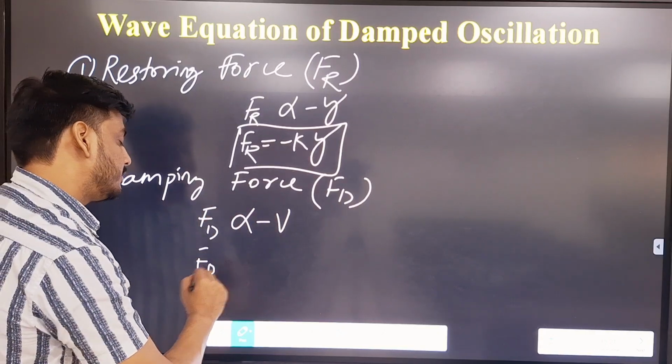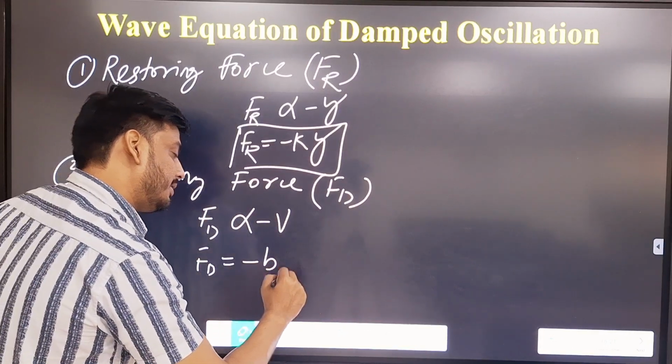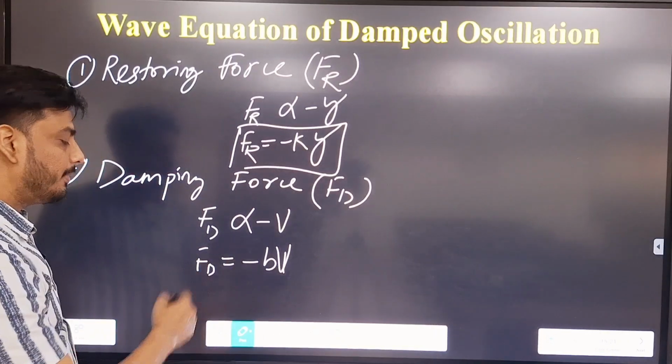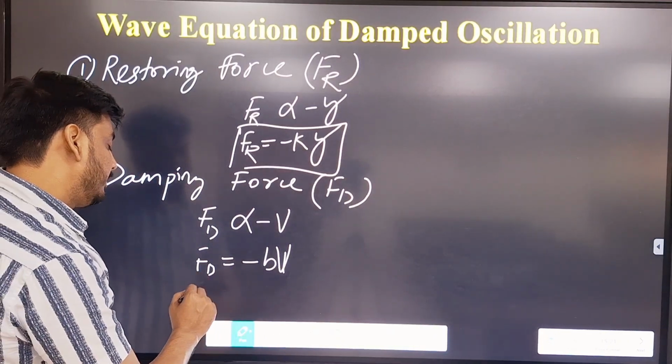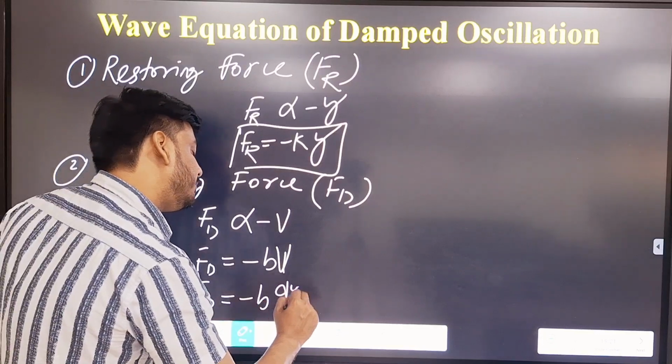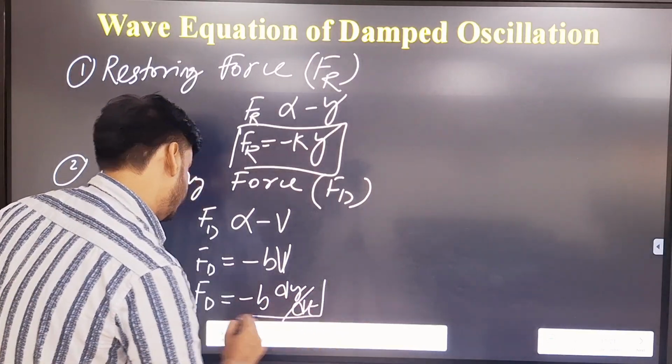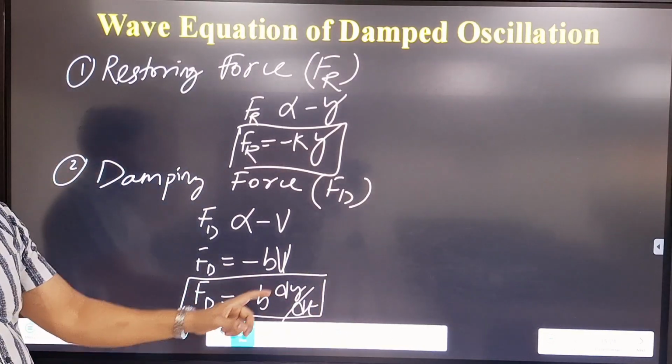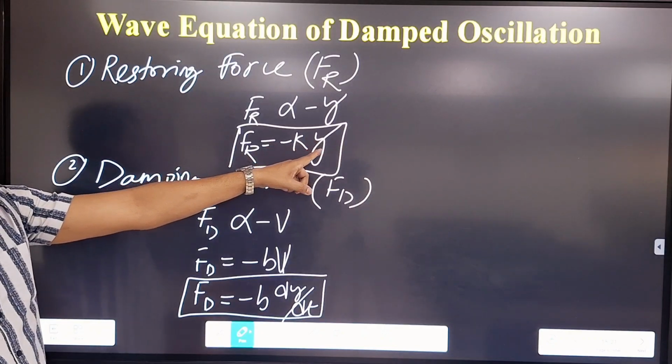So damping force is equal to some constant times V, the damping constant. Then instead of V, we can also write minus b dy by dt, the rate of change of displacement, because here we have expressed it in terms of displacement.